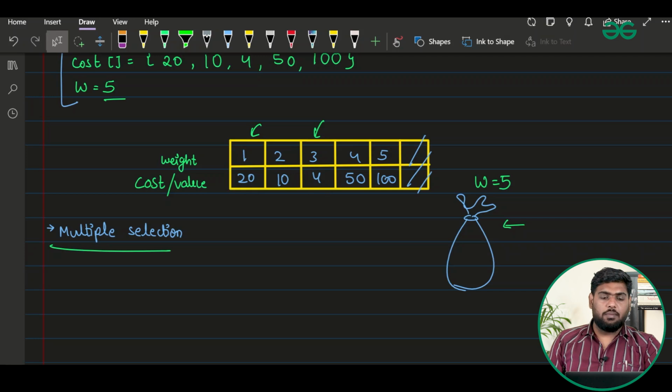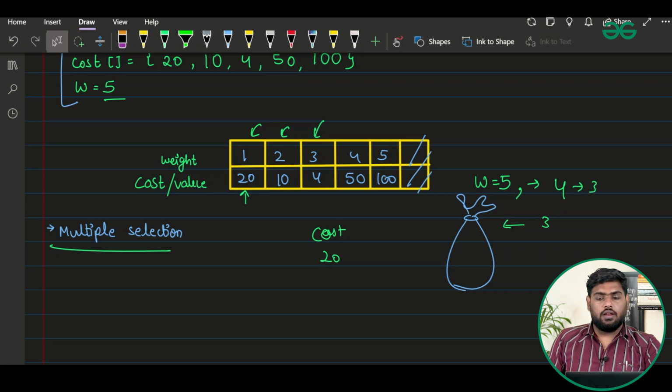Its weight is 1 kg. So once I buy this one, what will happen? My capacity will get reduced by 1. My capacity will become 4, and the cost that I have will become 20, right? Now let's say I buy this 2 kg bag. My capacity will get decreased by 2.